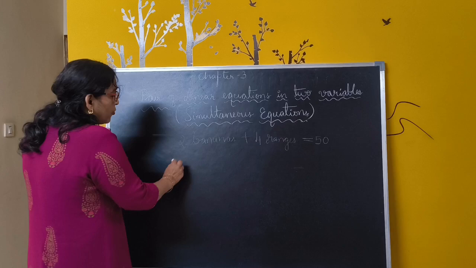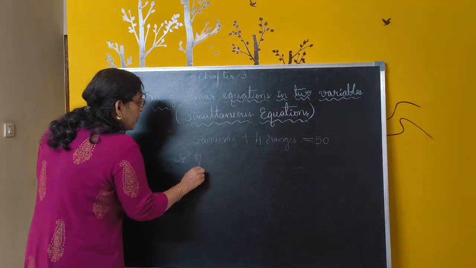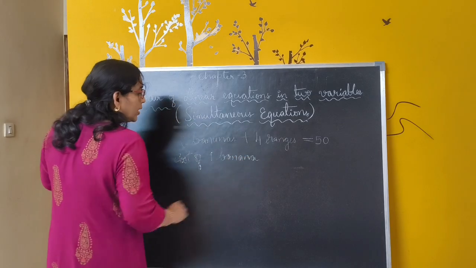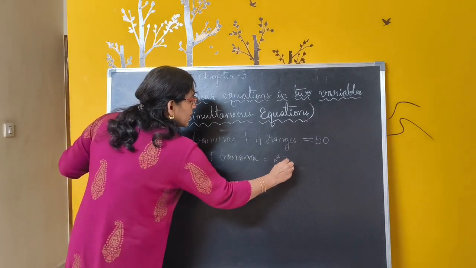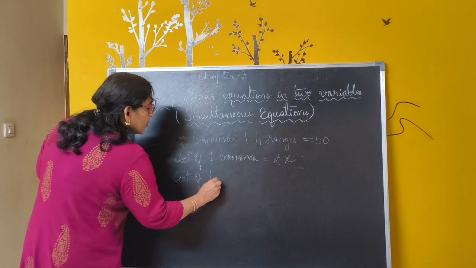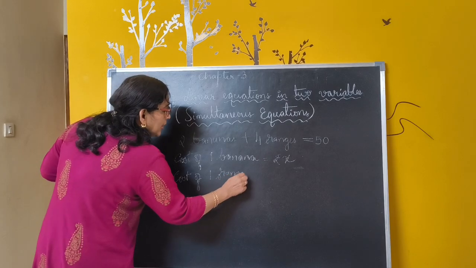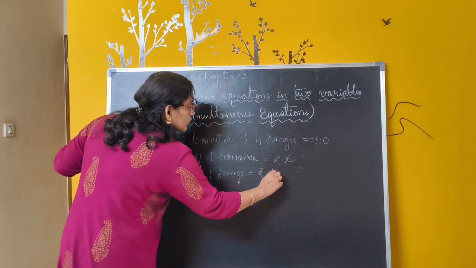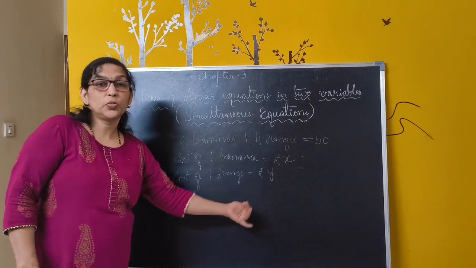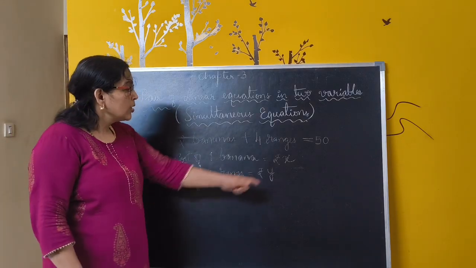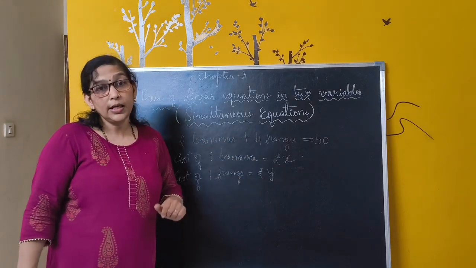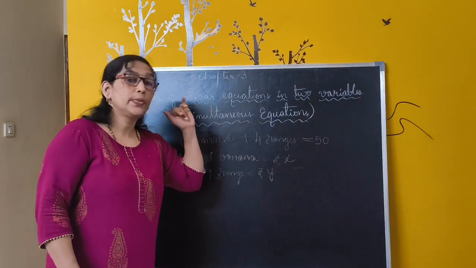Let us take cost of 1 banana as rupees X and cost of 1 orange as rupees Y. Let us assume that. So what are these? You all know in algebra we call these X and Y as variables. Okay, we have two variables.